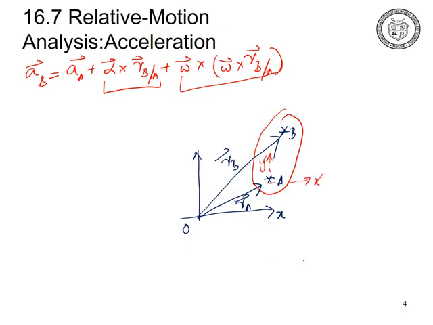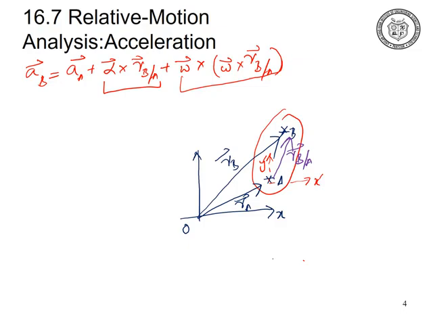What will be the position of the particle B with respect to A? You have to draw the position vector. So this is the RB with respect to A. The rule is that in case of relative motion, your vector should start from the observer and end at the object.